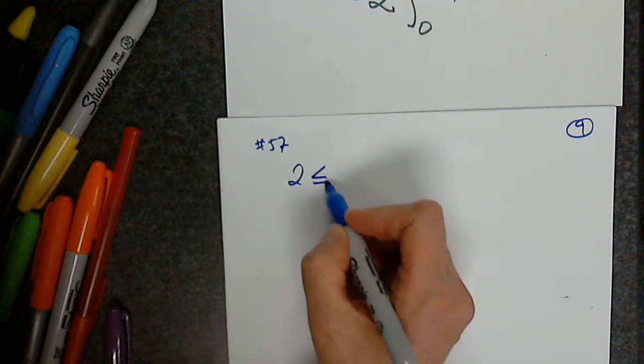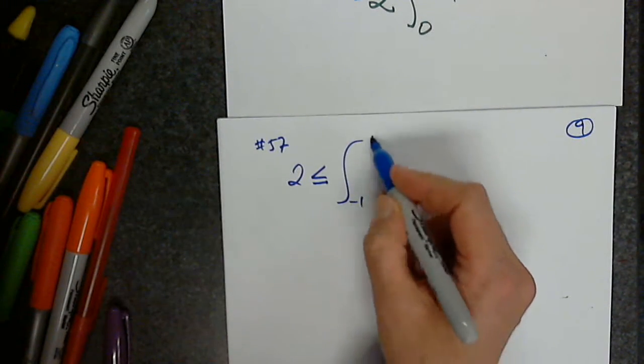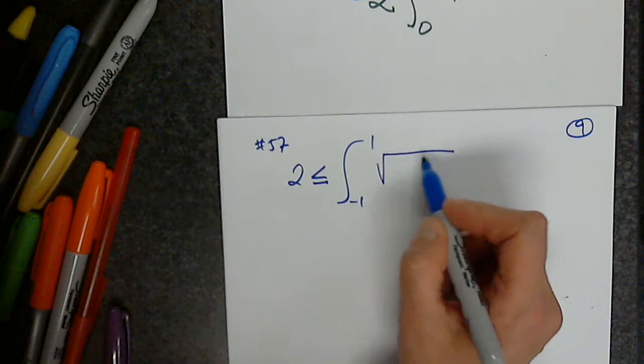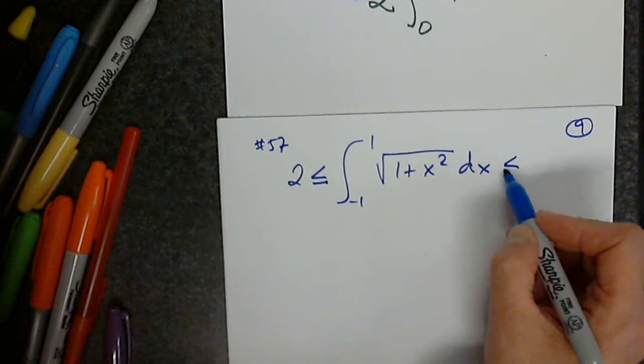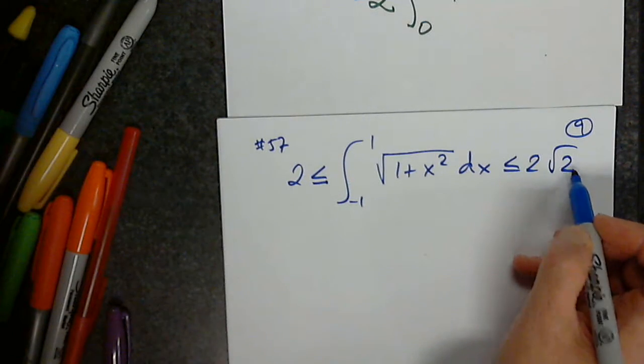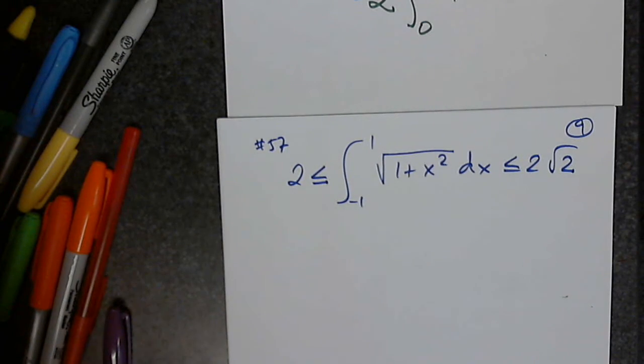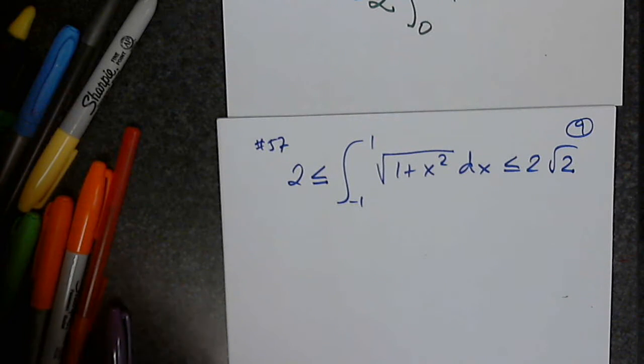Two is less than or equal to the integral from negative 1 to 1 of the square root of 1 plus x squared dx, less than or equal to 2 times the square root of 2. It says, use the properties of definite integrals to verify the inequality without evaluating the integral. We cannot even evaluate the integral.